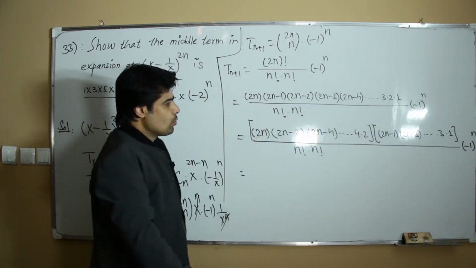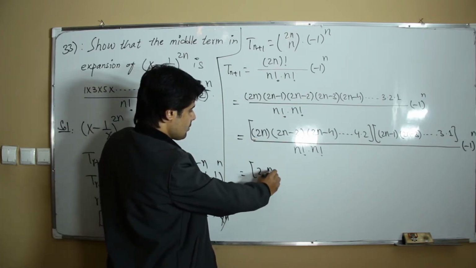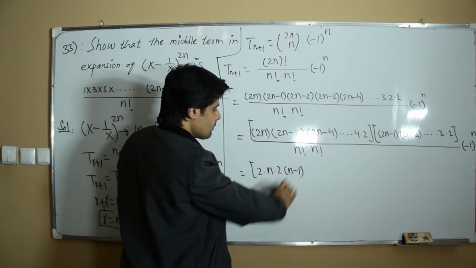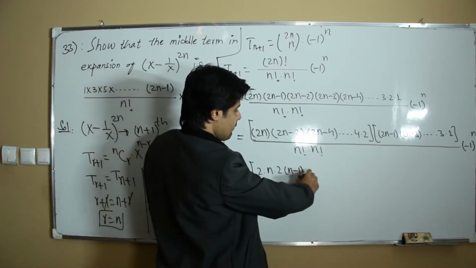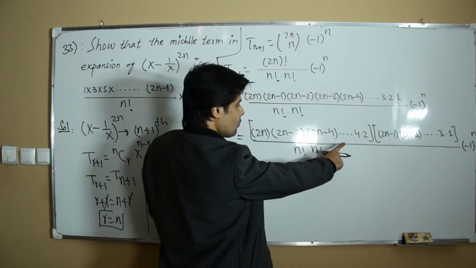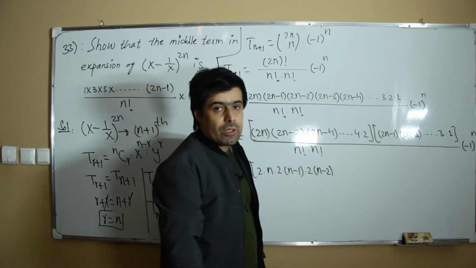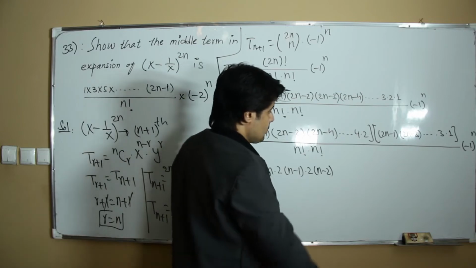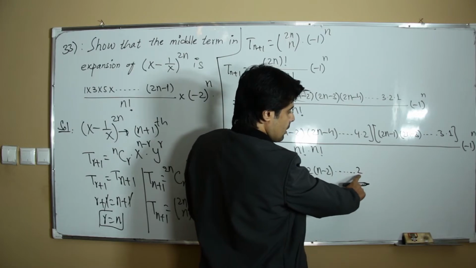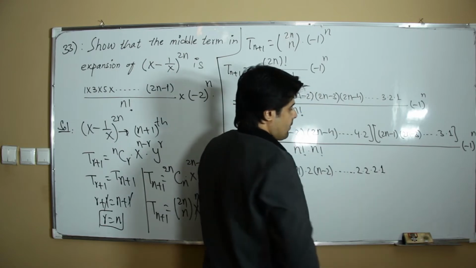Now you know that in here we have 2 times n. Here also we have a factor of 2 times n minus 1. Here also a factor of 2 times n minus 2. In the next term, which is 2n minus 6, we have a factor of 2, and the other factor is n minus 3. Up to here it is 2 times 2, and this one is 2 times 1.